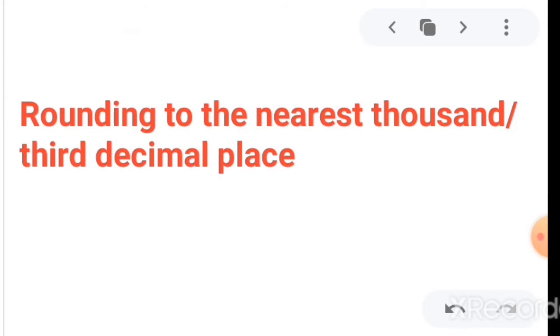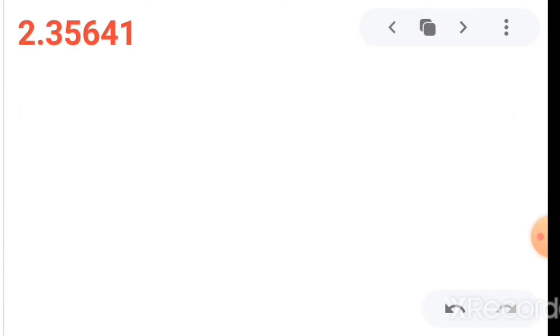Now we want to see how to round numbers to the nearest thousand, that is the third decimal place. We want to round numbers to the third decimal place. Looking at this number, how do we get the third decimal place? The third decimal place is the third number after the decimal point. So we have 1, 2, and 3.